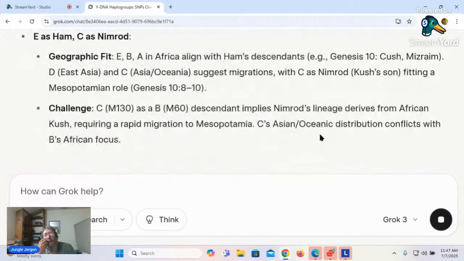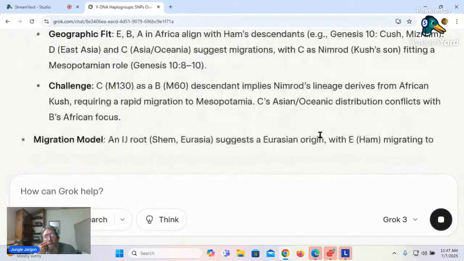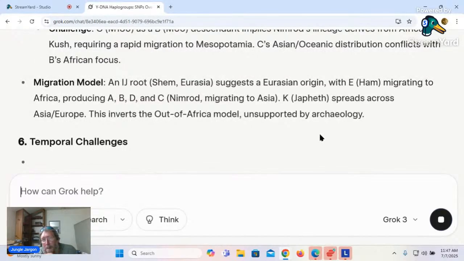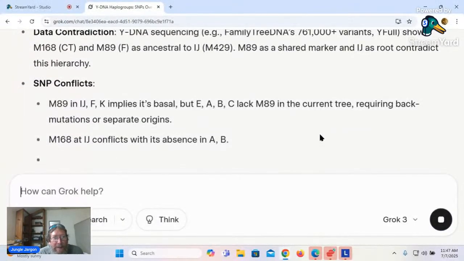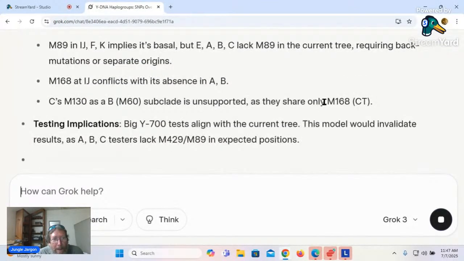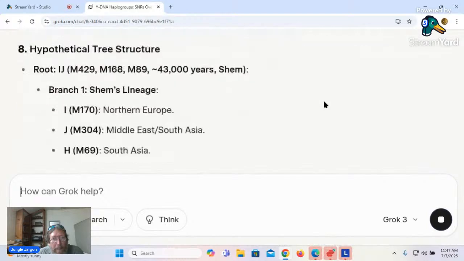See the IJK. Well, then the K has a M429 anyways.